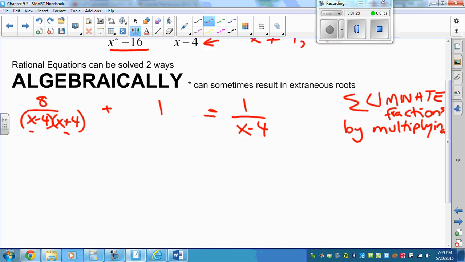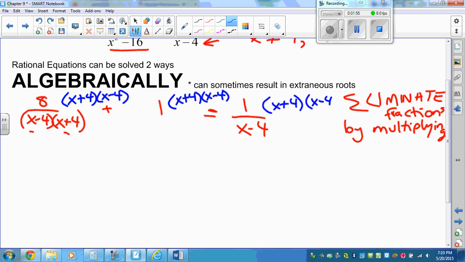I'm going to multiply by the greatest common denominator. So my biggest common denominator is going to be x minus 4, x plus 4. So I'm going to multiply everything by x plus 4, x minus 4, x plus 4, x minus 4, x plus 4, x minus 4.